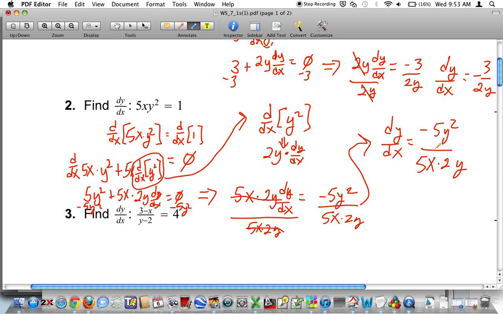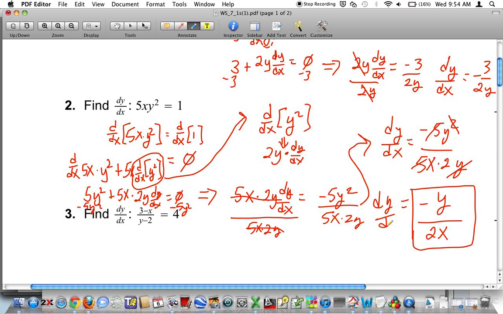And we can just clean this up. The 5's will cancel, and this y will cancel with one of these y's, and so we're left with negative y over 2x. And that is your answer, dy dx.